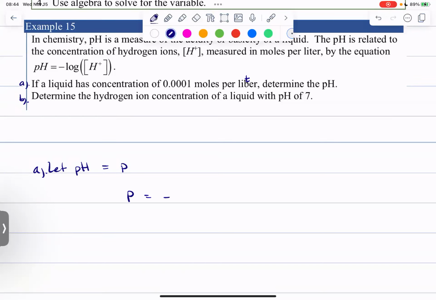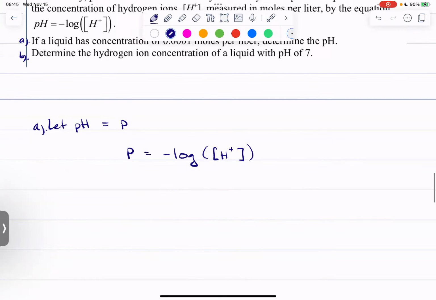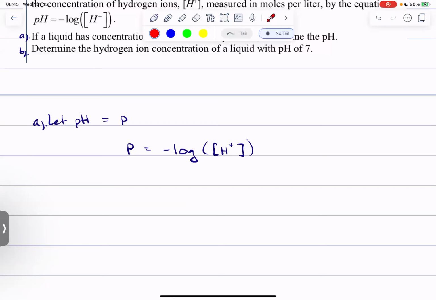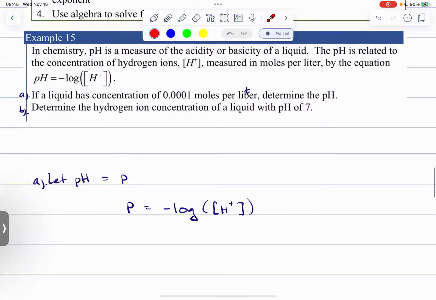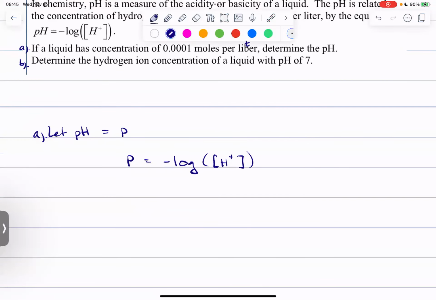So then P is the negative log of H plus. So we had 0.0001 moles per liter, and that's my H plus. So I can replace this and say negative log of 0.0001.